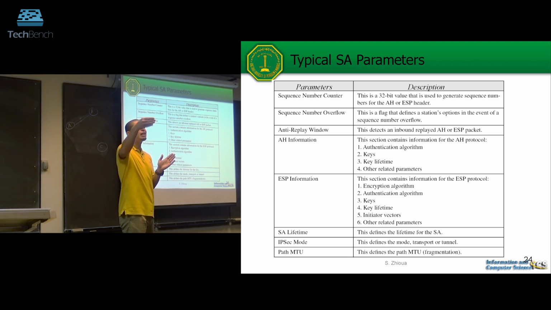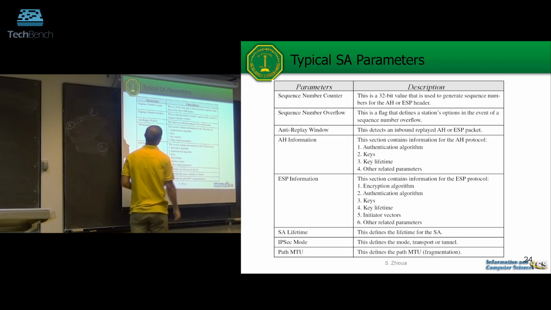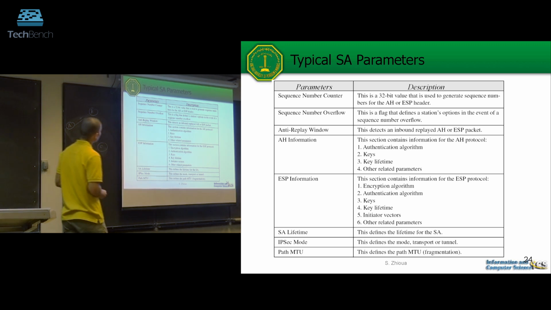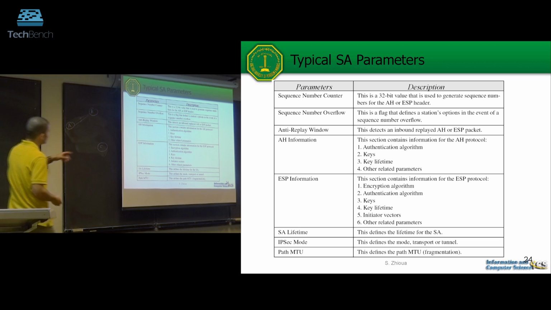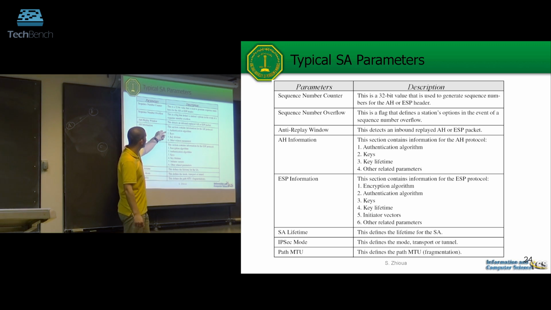It reaches a maximum value. When it reaches that maximum value, what happens? Do you restart from the beginning? Do you refresh the security association? What do you do here? And see here, authentication header information, ESP information. This contains the algorithm, the keys, the key lifetime, all.